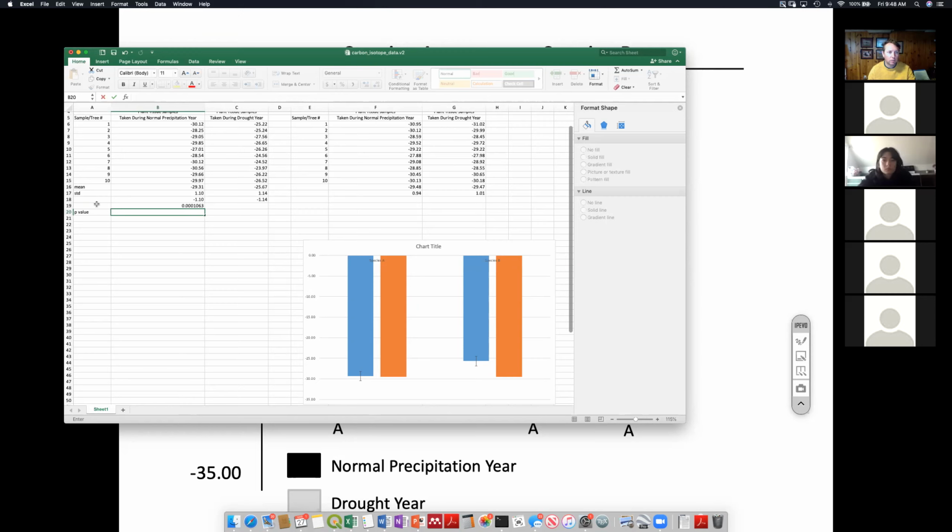Wait, this might be the p-value. No, isn't that your t value? Yeah, this is my t-value. So my p-value, 1 minus. No, this is my p-value. Yeah, 1 minus.